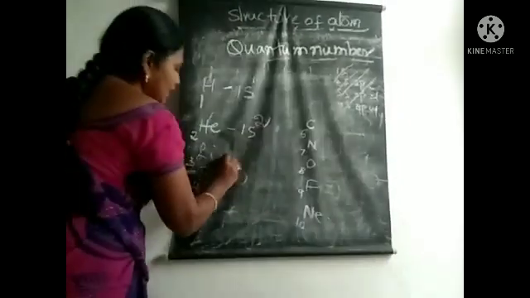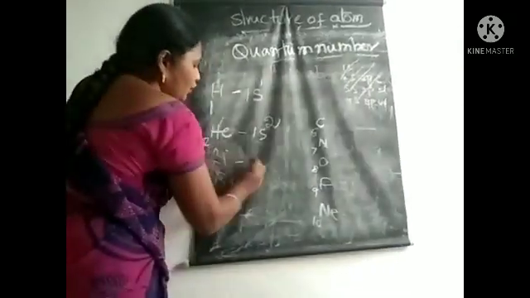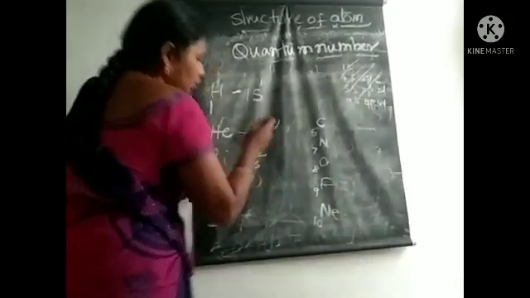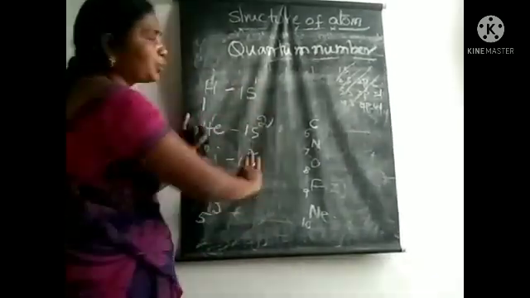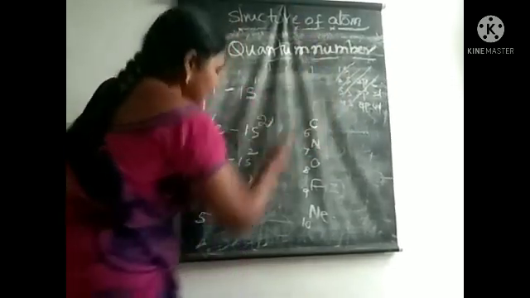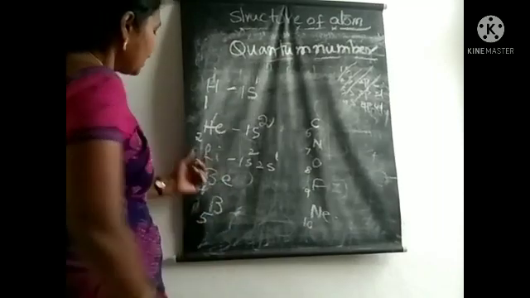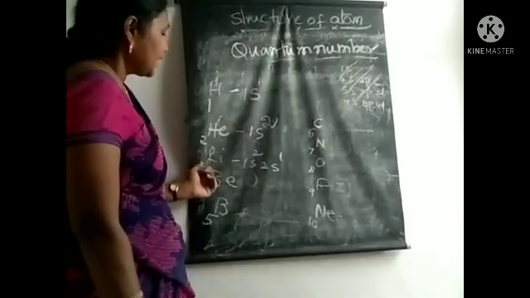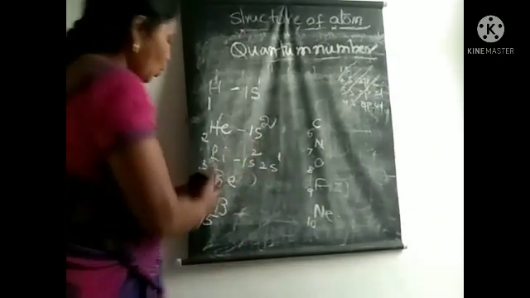Okay, next lithium. It contains 3 electrons. We will write 1s2, the 1s orbital filled. Next, the electron goes into the next orbital, that is 2s1. Here, remember children, the total of the superscripts is equal to the number of electrons.